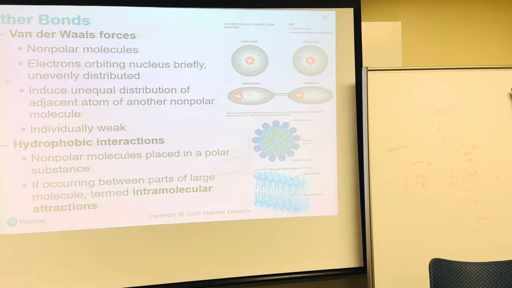The lipid tails are facing each other, right? The lipids are hydrophobic. Because they do not like water, they try to make bonds between them. That is called the hydrophobic interaction.